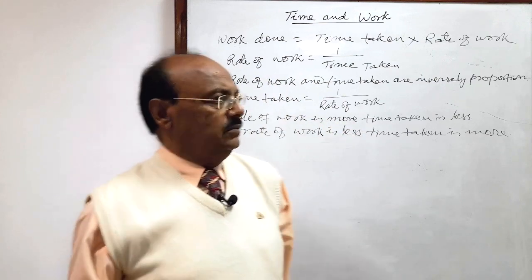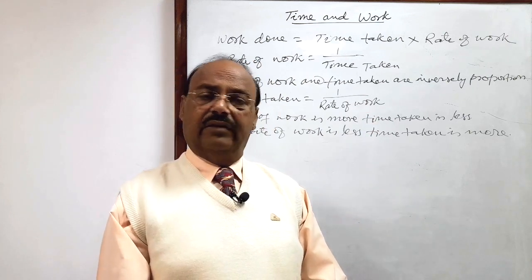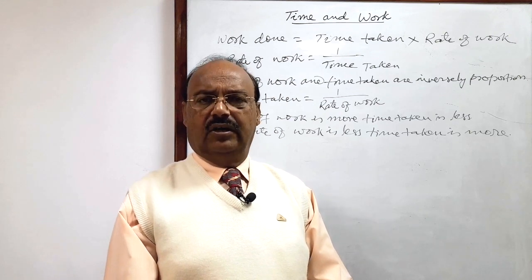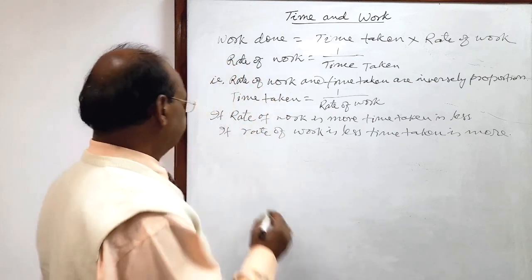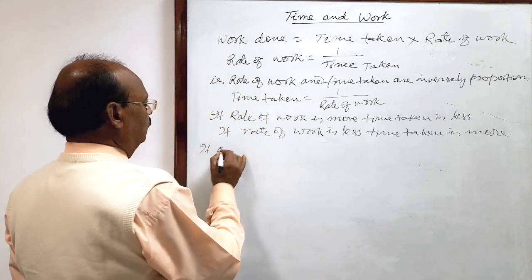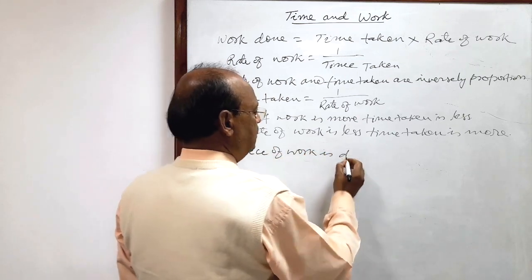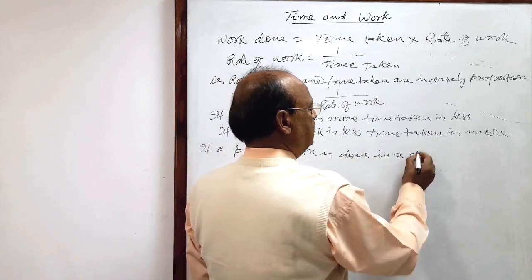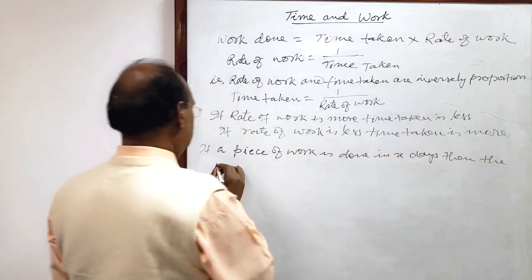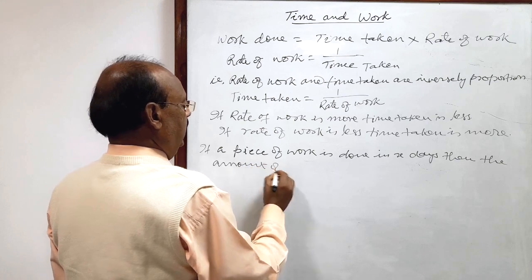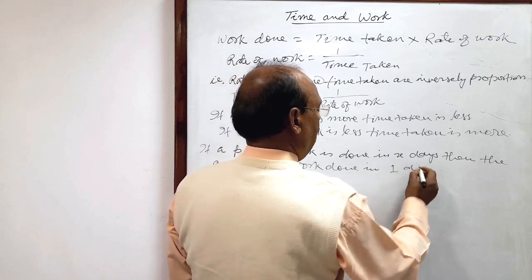Most of the questions are based on formula. Sometimes, whenever required, we'll use the unitary method also. Let us make it clear what the unitary method is. Suppose a piece of work is done in X days, then the amount of work done in 1 day, how much?